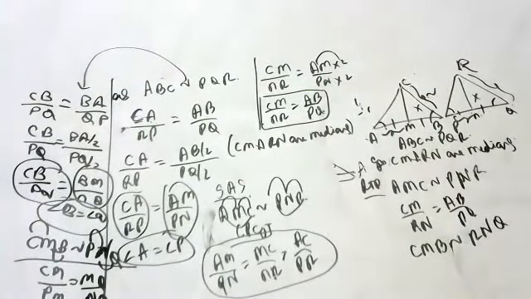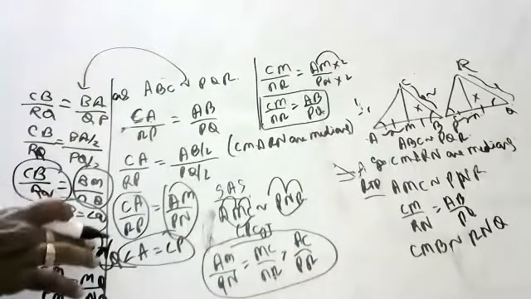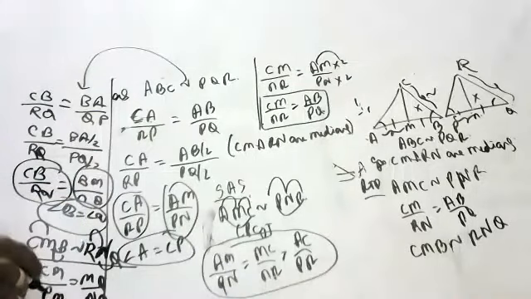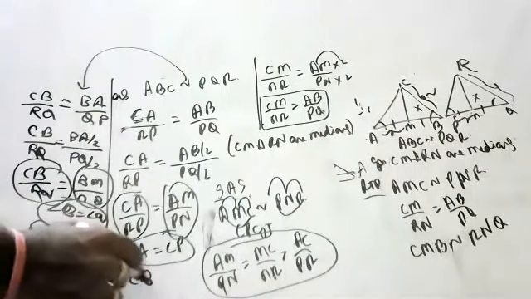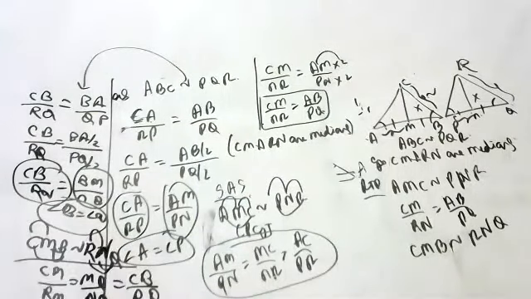In the last step only you wrote P wrong, sir. CB by RQ. So MB by NQ and CB by RQ. Try to understand, children, what we are doing.